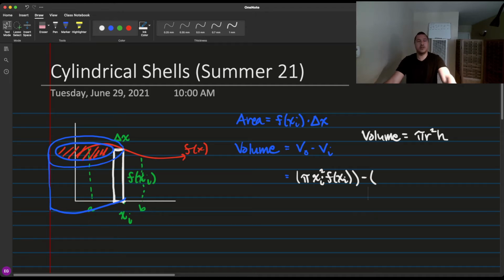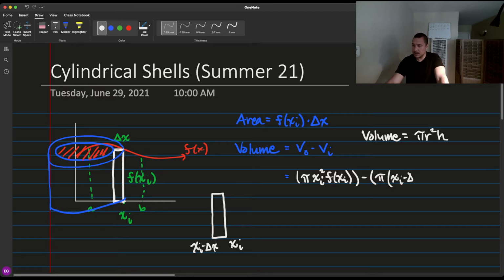The volume of the inner cylinder is pi. Now, if you look at the little rectangle, you have xi right here, and because the other point is a distance of delta x away, you get xi minus delta x. So you get pi times xi minus delta x quantity squared times the same height, f of xi.